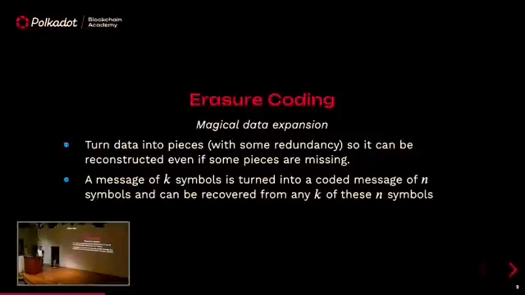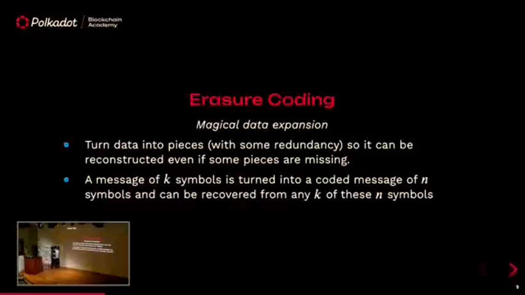How much can we reduce the size of the original data with these erasure error correcting codes?